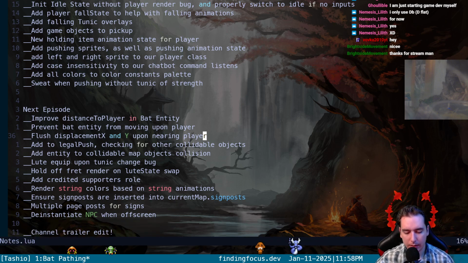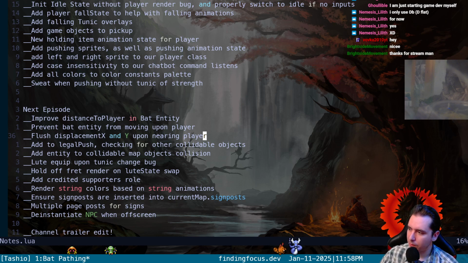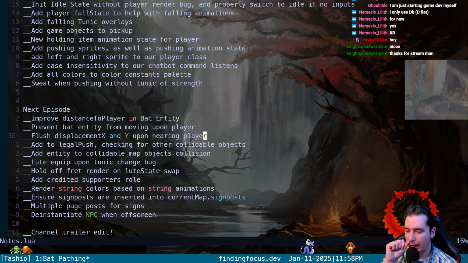So after we get the new and improved bat movement, we'll probably tidy up the sprites a bit, make them look better, and then we'll start adding the attack animation for the bat. So they're going to be spitting at us and attacking us, and once we get that, then we can build out some dungeon levels where we can get knocked into pits.